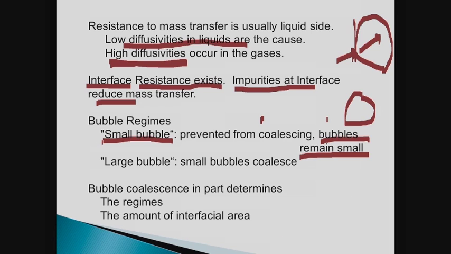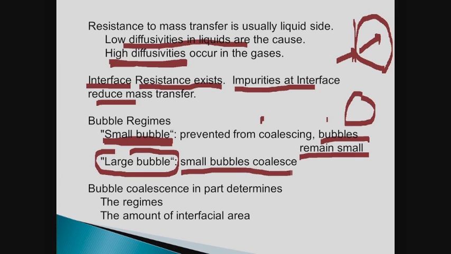As opposed to the small bubble regime, there is a large bubble regime where the bubbles coalesce. There is no surface charge on the bubbles, and they coalesce fairly well. So you have a bubble here, and another bubble here, and you have to worry about whether it's positive or negative on these surfaces. If it's all positive, they will not coalesce.